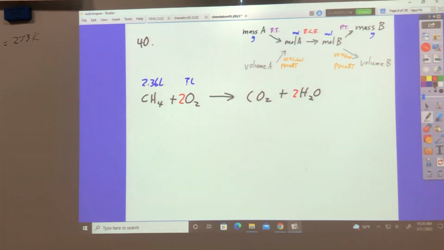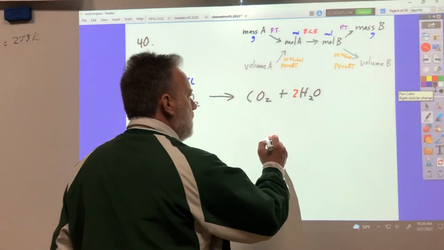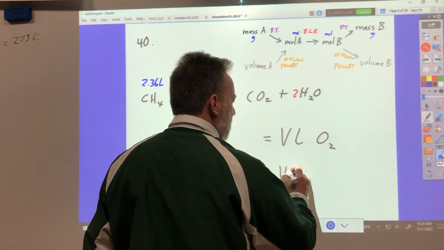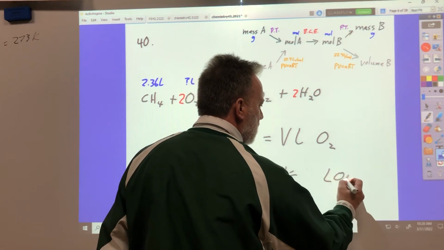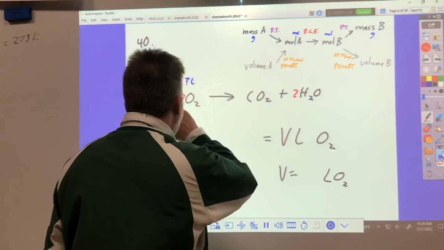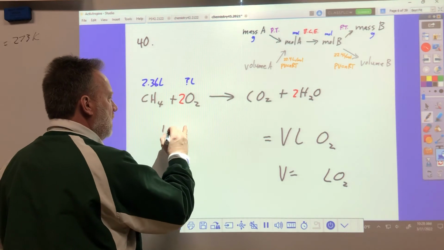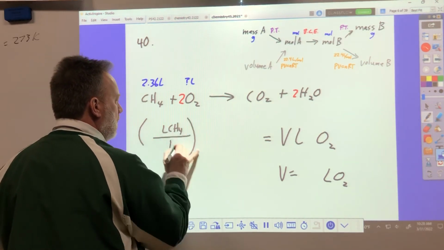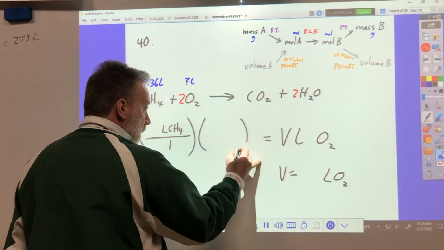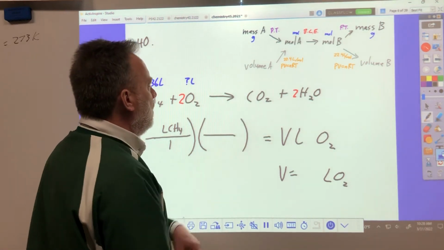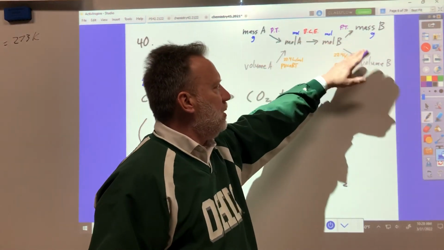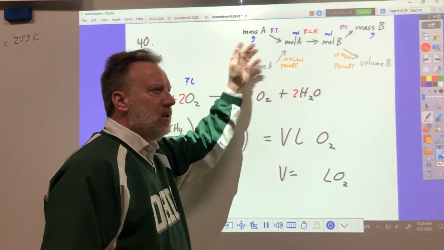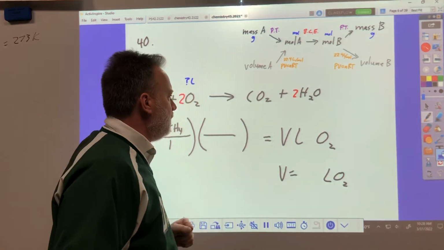So we're going to say equals V liters of oxygen. V equals so many liters of oxygen. And we're starting with some liters of CH4 over 1. Now, we could go volume to moles to moles to volume. But that's 22.4 liters in and 22.4 liters out.